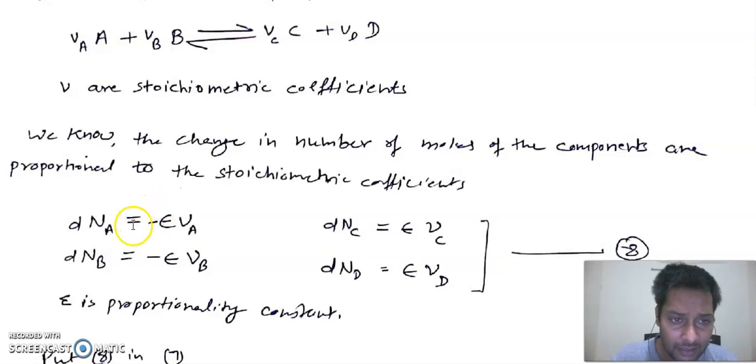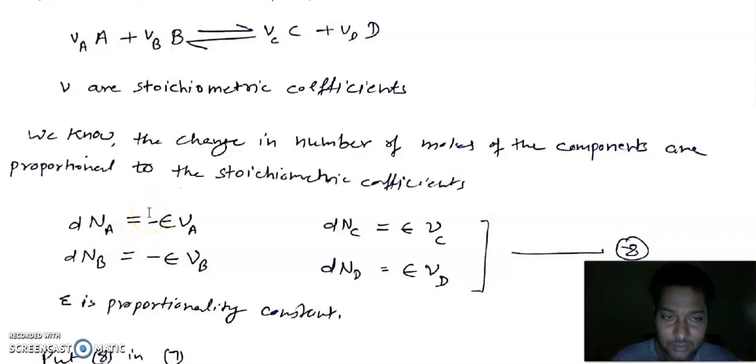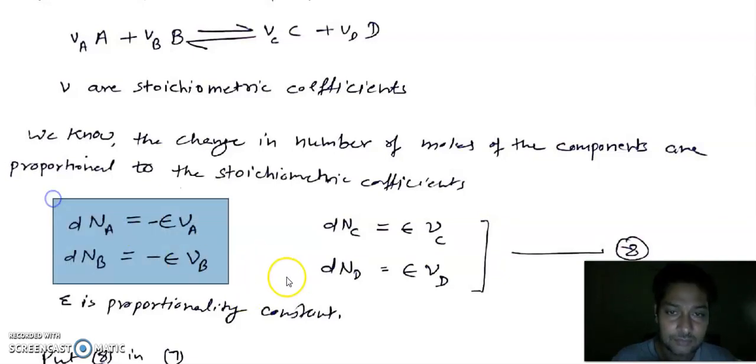Here the values for A and B are negative because these are reactants. They are converting into products, so their number of mole will decrease, so the value is negative.